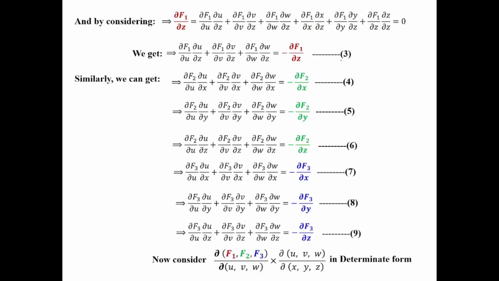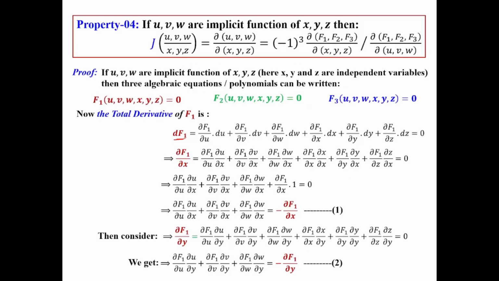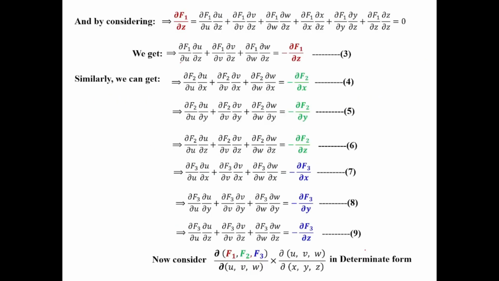Let this be equation number 3. Here we considered the total derivative of f1, and then we evaluated ∂f1/∂x and found equation number 1. Whenever we considered ∂f1/∂y, we found equation number 2, and when we considered ∂f1/∂z, we found equation number 3.